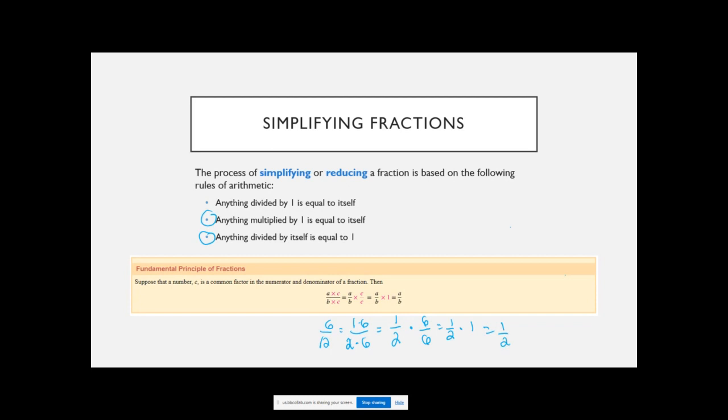So it's 1/2. This is what the fundamental principle of fractions is saying. This is not the technique that we generally use. We don't normally go through rewriting it this way, but this is what the principle of fractions says, is that we're just taking numbers, splitting them up in ways that allow us to cancel things out so that it gets smaller.